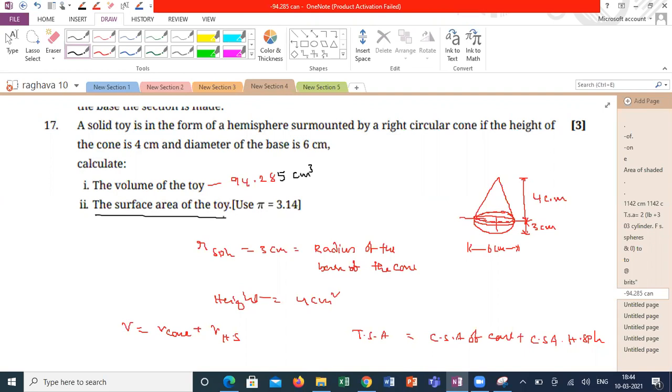Sir, I got 84.78 centimeter square, sir. 84.78 centimeter square. Wait for others. Okay, sir.